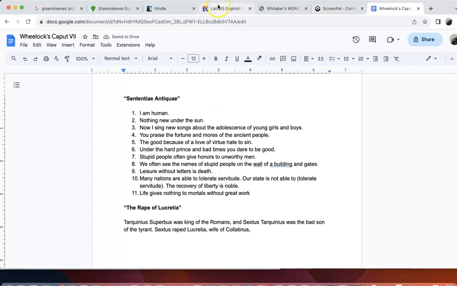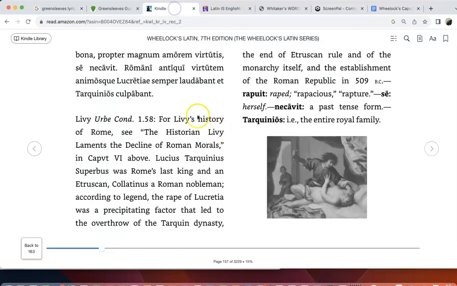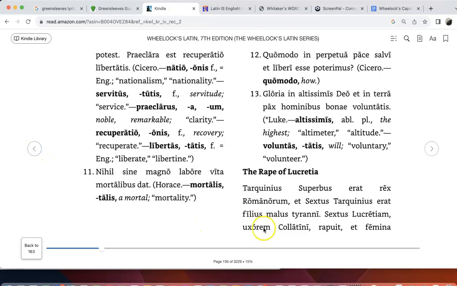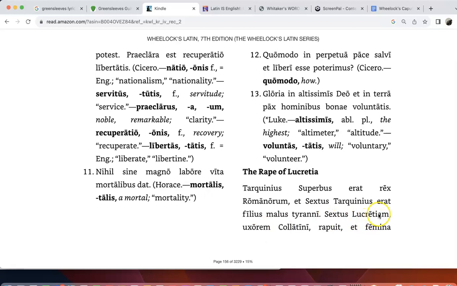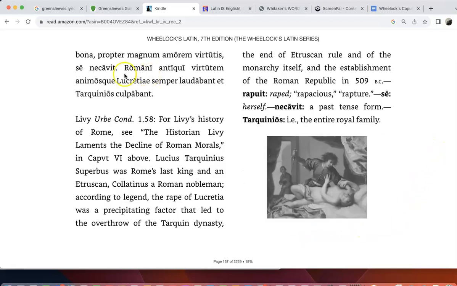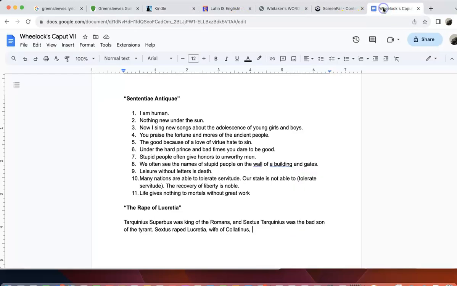So just to comment on the grammar in that one real quick. Uxorem is third declension accusative singular, agreeing with the accusative form of Lucretia. And then of Collatinus is second declension genitive singular. So that's where we're getting the of. And then we get and the woman, and the good woman, so the femina bona.